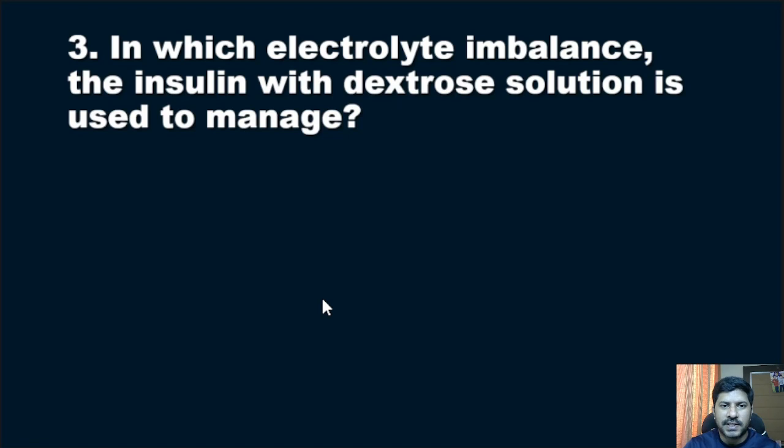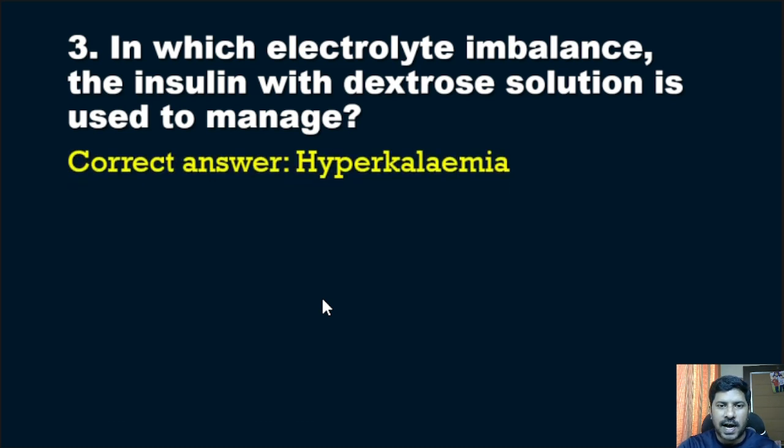Next question. In which electrolyte imbalance is insulin with dextrose solution used to manage? Correct answer, hyperkalemia. For the management of hyperkalemia, we will use insulin dextrose solution.